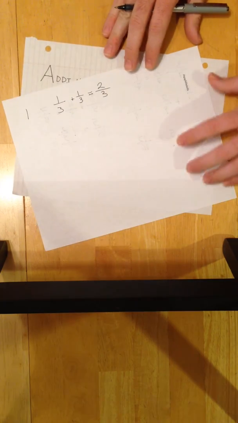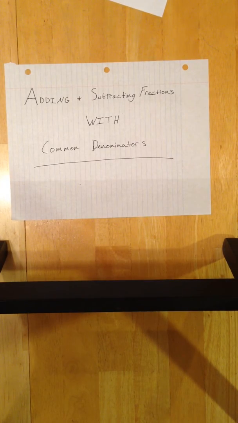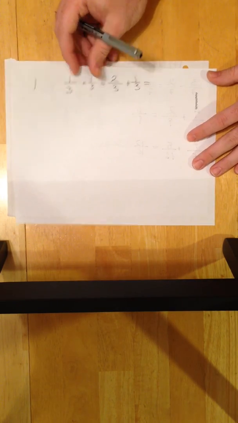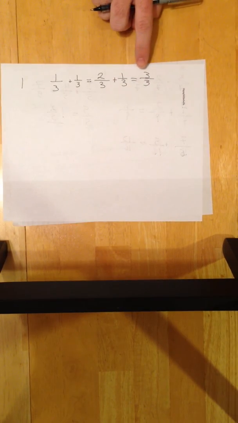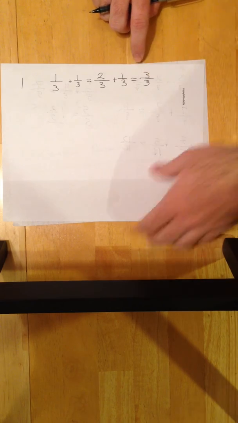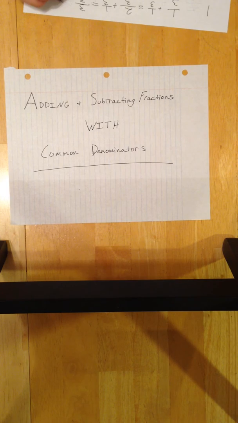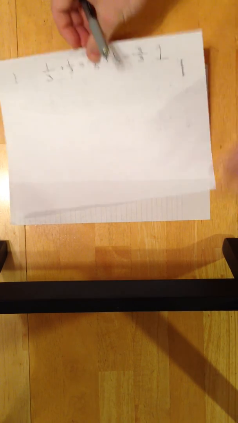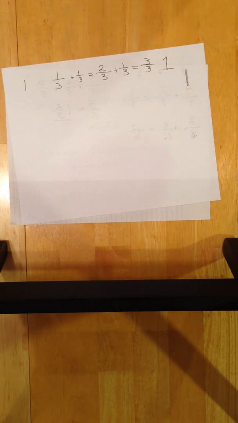Okay, and so we're still 1 off, so let's add another one. And that equals 3/3. And just like we just got done talking about, once you have a numerator and a denominator that are the same number, or even a larger number, that means you at least have 1 whole number. So that equals 1. So you would take your measuring cup 3 times and add it together.